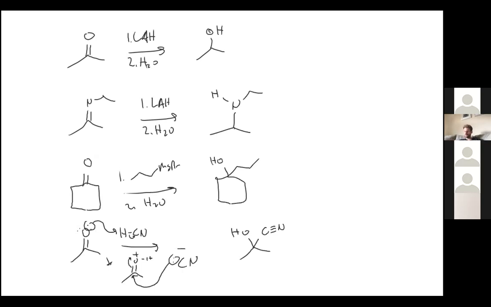We can also do the same reaction we did above, where we add LAH after this point. So a nitrile can also be reduced into an amine. So throwing LAH with a nitrile or an imine will let us get to amines.